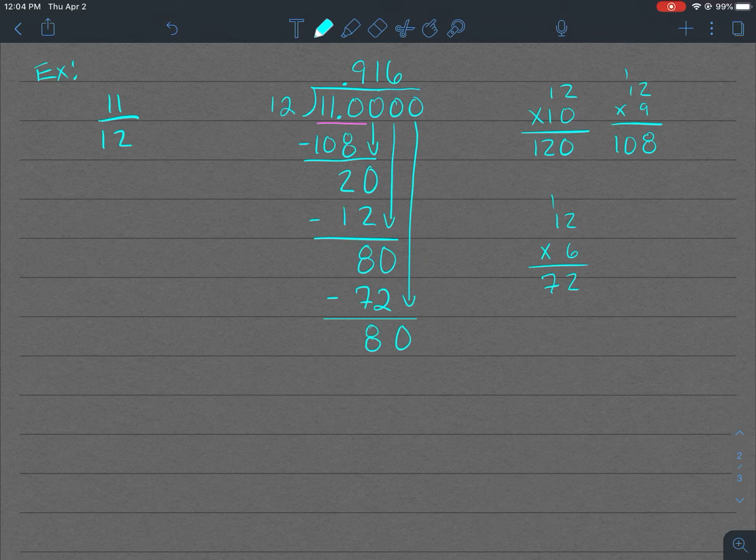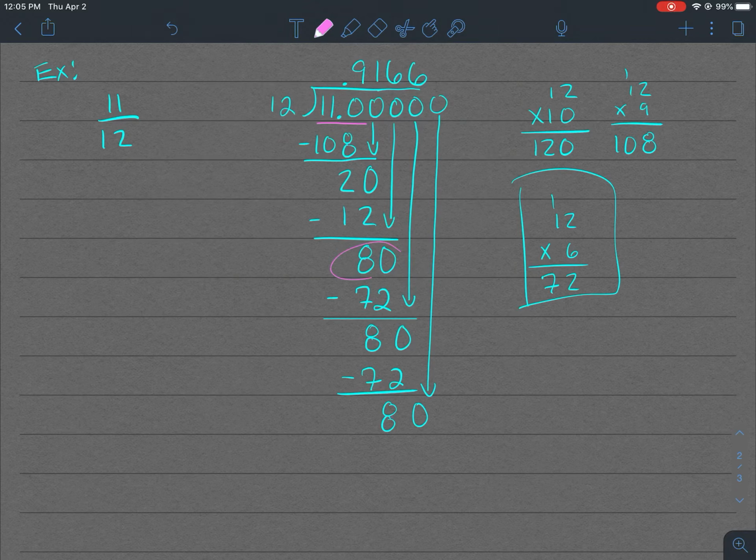How many times does 12 go into 80? Oh, well, look at that. 72. Oops, sorry. 72. Because it comes in there. If we're looking back at this one, I got the same thing again. And I had to put another 6 up here. And I get 8 again. And then if I had another 0, come all the way down, you add another 0 down here. What do you notice?